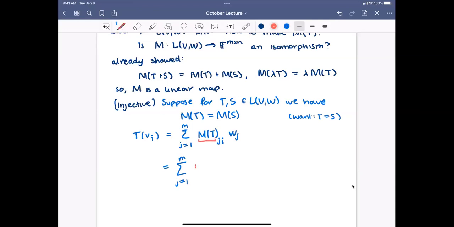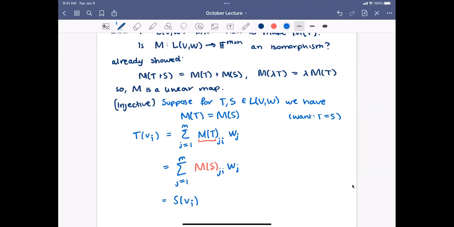So this becomes the sum of M of S sub j,i times w sub j. And looking at that line, that's just the definition of the matrix of the map S, so this is actually equal to S of v sub i as well.